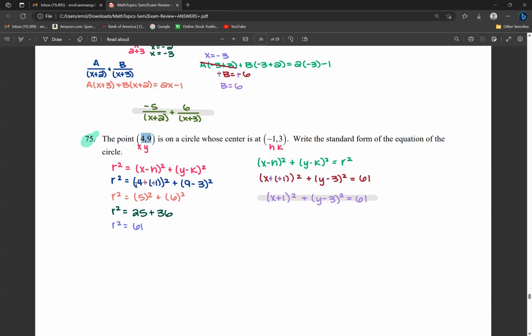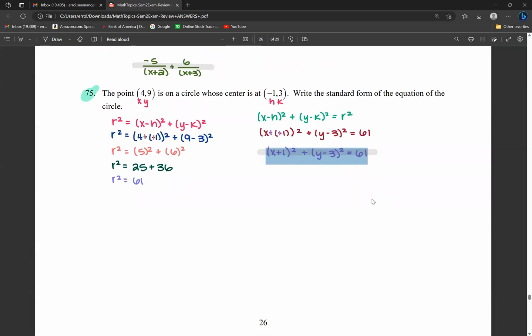So this is how she's finding the radius. She's plugging the (4, 9) into here, into there and there. Oh yeah, with these points as the center. And then you plug everything into the standard equation.